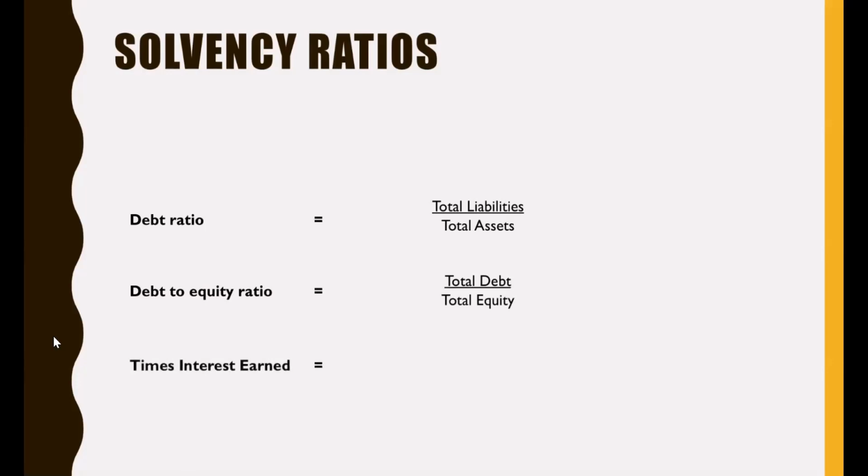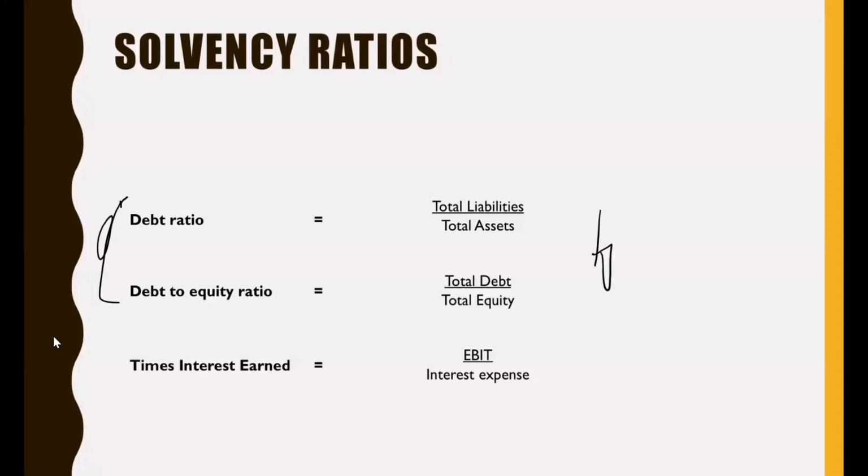Then, lastly, we have times interest earned. This is earnings before interest and taxes divided by interest expense. Okay, so how do we determine if the company has a better ratio or not? For debt ratio and debt to equity ratio, of course, the lower.